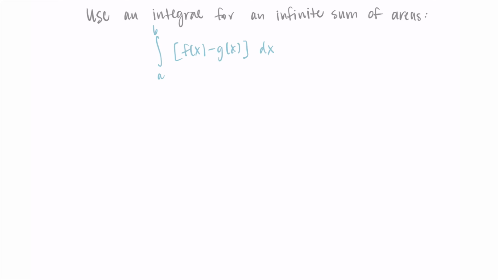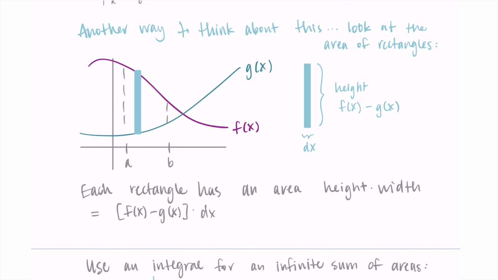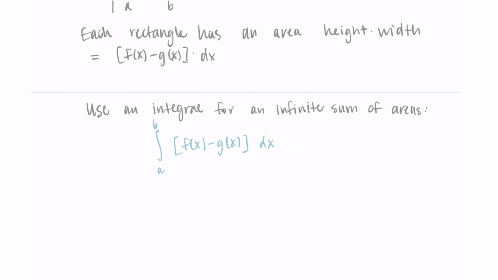Okay, so something to point out here is that on our graph, it mattered which function was above or below. So you can envision that if I was looking at the second half of the graph, where the functions cross each other, suddenly the top function would be g and the bottom function would be f, and so our height would be g minus f on this portion. So it really matters which function is on the top and which function is on the bottom.